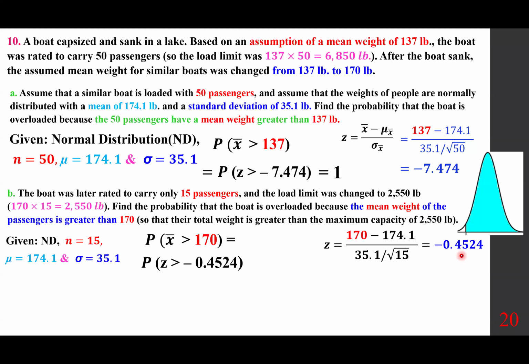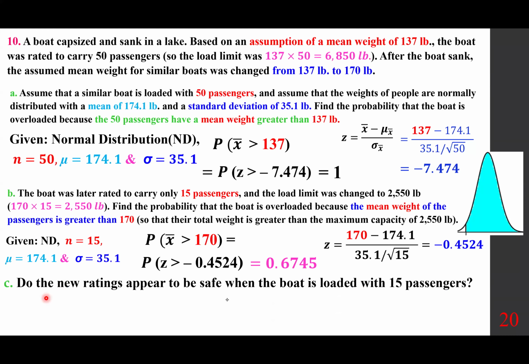If we were to graph it, somewhere here is negative 1 to negative 3, so somewhere here. So you should know it's more than 50%. We use a calculator or a table, and we end up with 0.6745. It's huge. It's 67.45%.